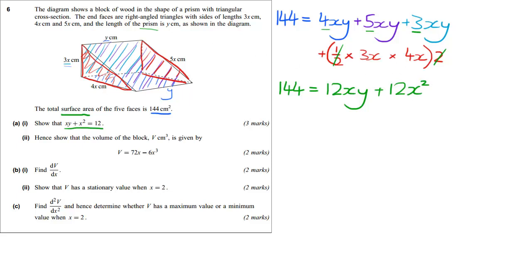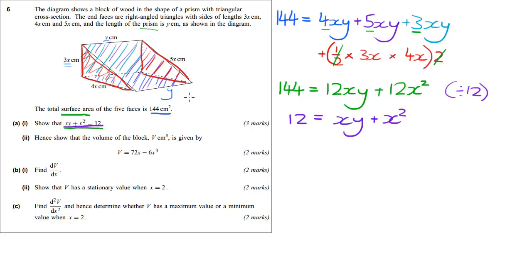Hopefully you've seen it, we can divide everything by 12 so that we get 12 equals xy plus x squared, which is what we were aiming for right at the beginning.